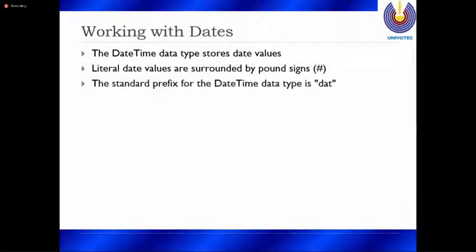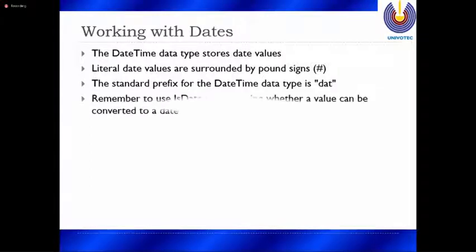The standard prefix we use for the date type is DAT, easy to understand for the variable as a data type date. Okay, DAT date of birth. Then you see there is a date of birth as DAT date of birth, like this one, variable name is a date or time.